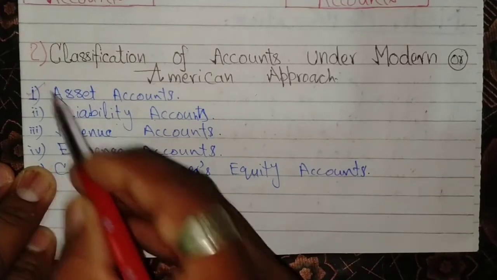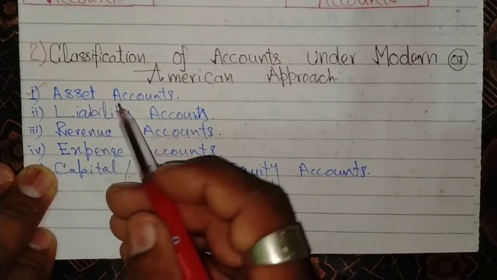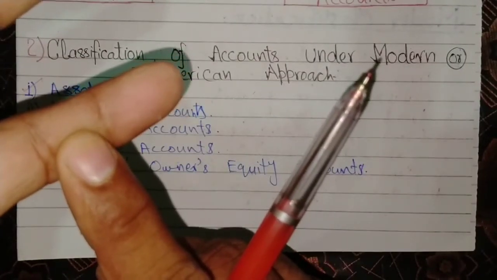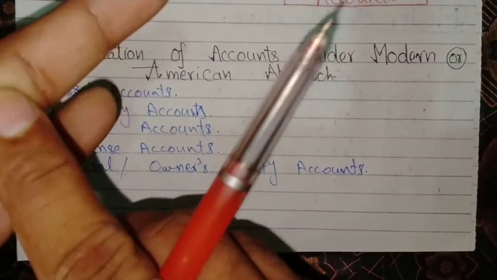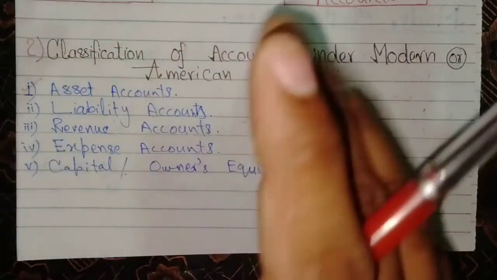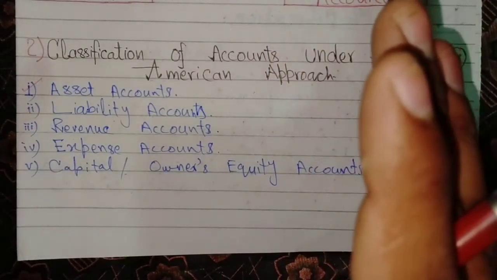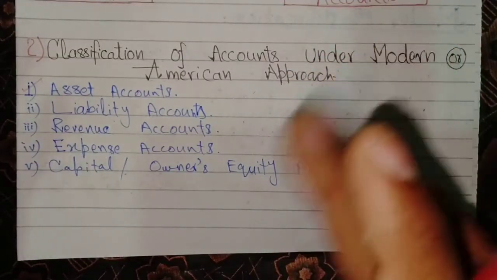First is asset account. Examples are land account, machinery account, accounts receivable account, prepaid rent account, cash account, etc. These fall in asset accounts in the context of the modern or American approach.